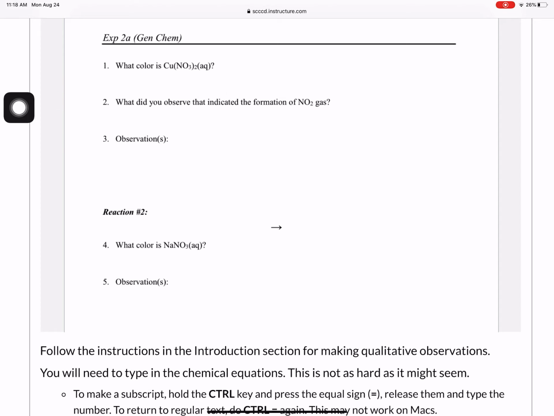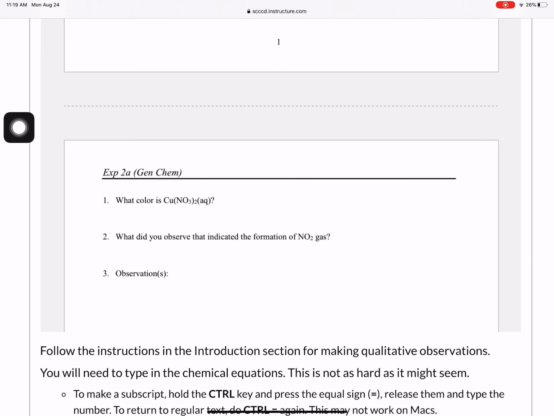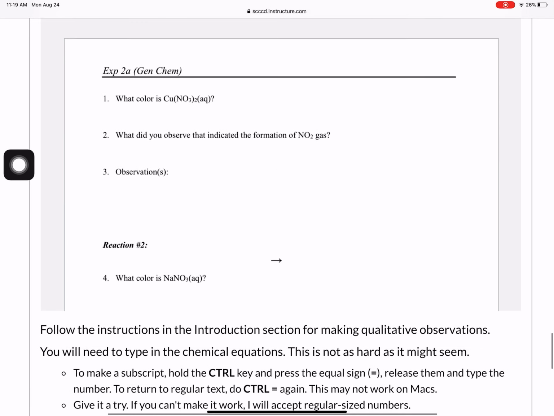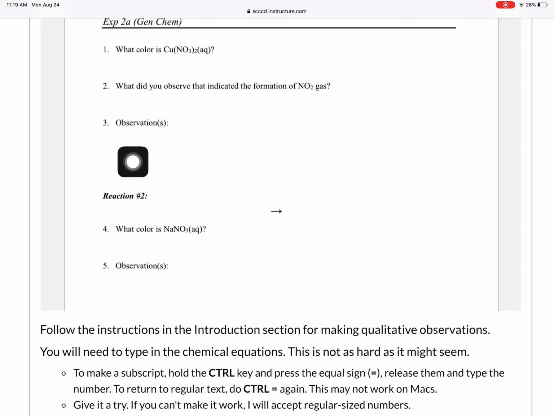And again, you can go back and watch the video. What did you observe that indicated the formation of NO2 gas? Well, how do we know there's NO2 gas? Well, in our balanced chemical equation here, we see that we have a gas. The gas is NO2. And then a place for observations. Again, you need to write at least one good descriptive observation in there.